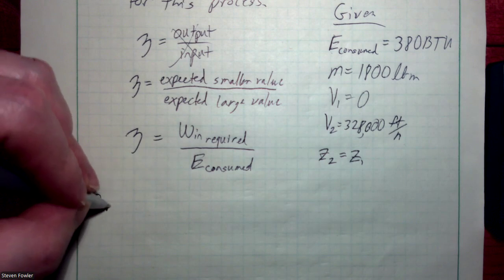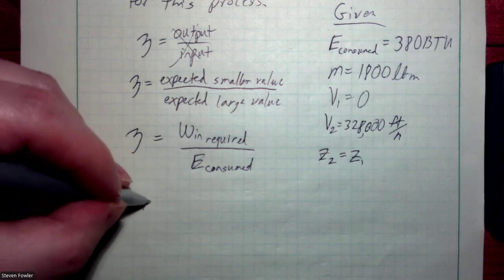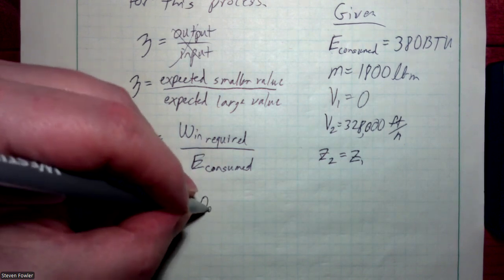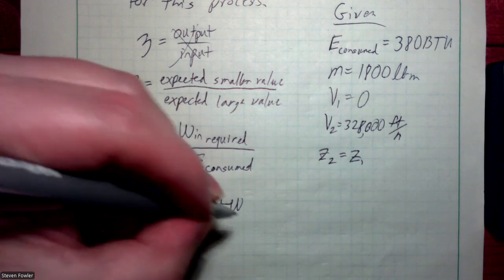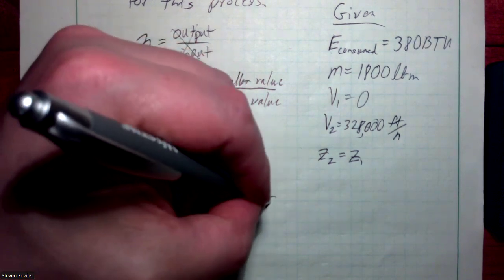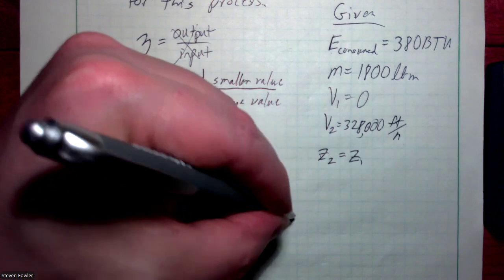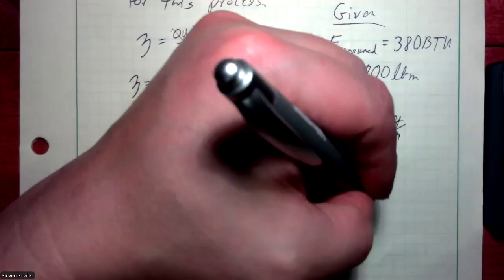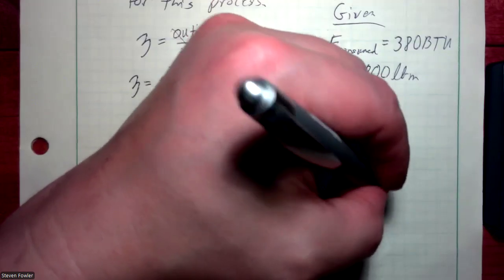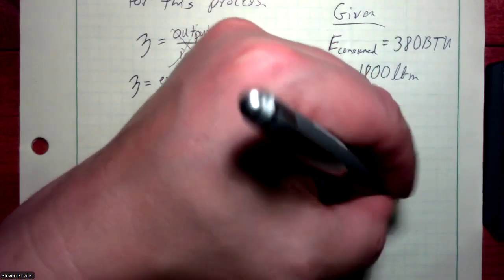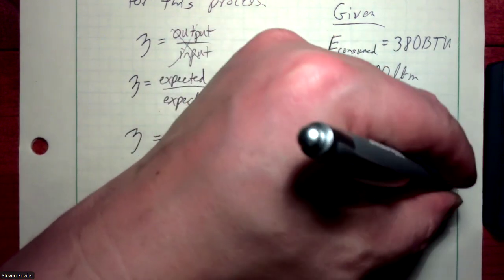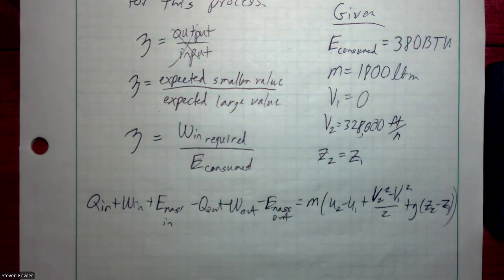You can write the big long equation: heat in plus work in plus the energy of mass in, minus heat out, minus work out, minus the energy of any mass going out, is equal to m times delta U plus change in kinetic energy, (V2 squared minus V1 squared) both over 2, plus g times delta Z. So you can write the whole thing out, and then you can cross out the things that you don't need.